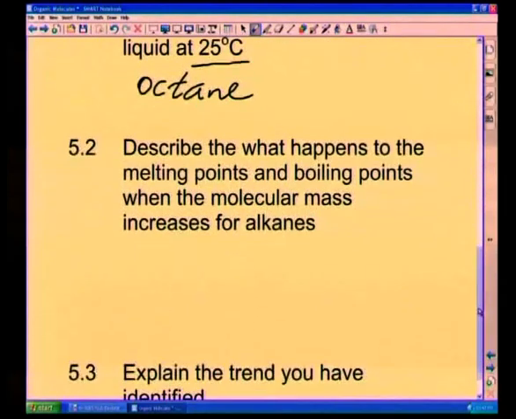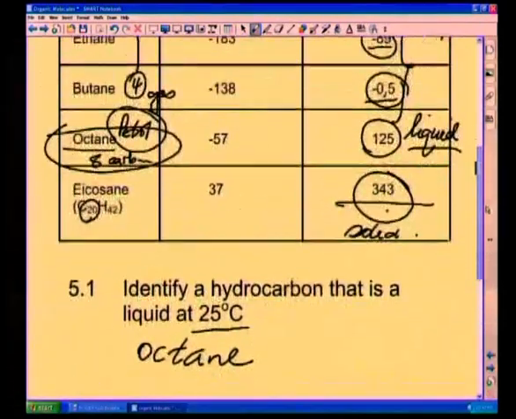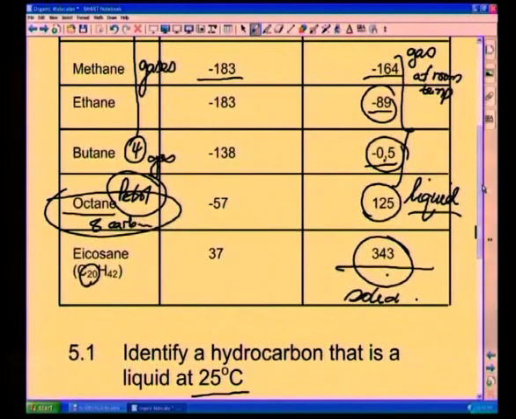Coming down here, describe what happens to the melting points and boiling points when the molecular mass increases. Now, molecular mass is increasing with the number of carbon atoms. So it is increasing as you go down this table here. What is happening with the boiling points and the melting points?